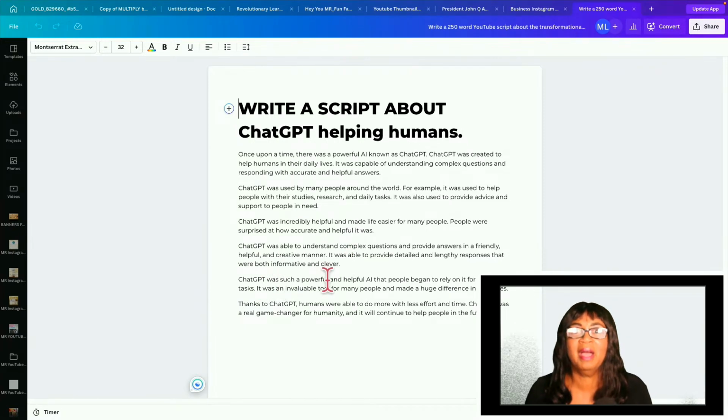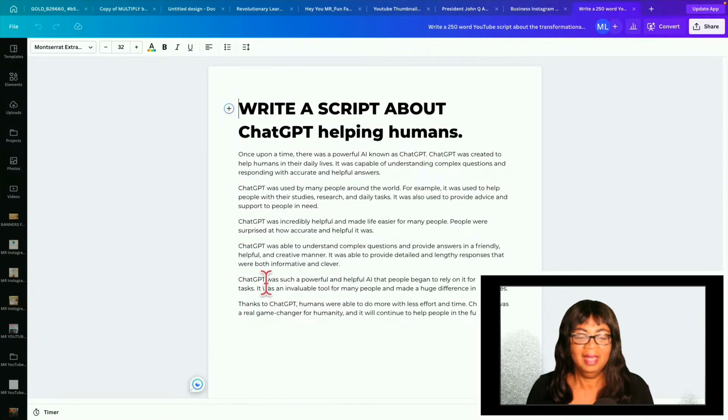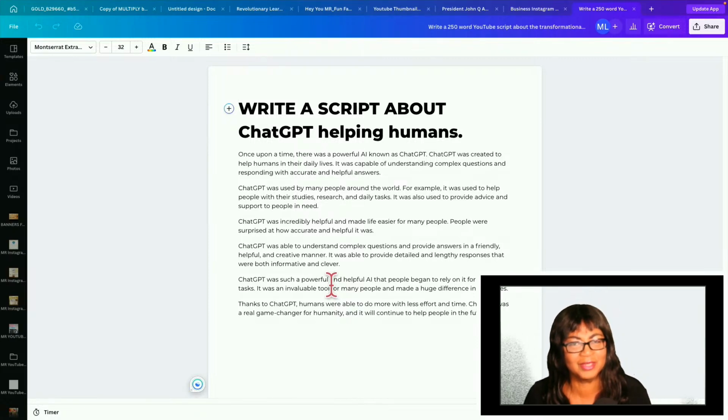ChatGPT was such a powerful and helpful AI that people began to rely on it for tasks. Interesting the way it says that. People began to rely. Is that a little bit of a stinger there? Like maybe too much? It was an invaluable tool. Oh, it referred to ChatGPT as a tool, which is basically how I think of it too, by the way.